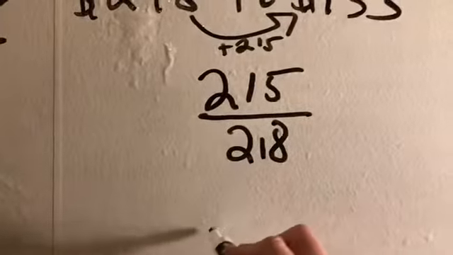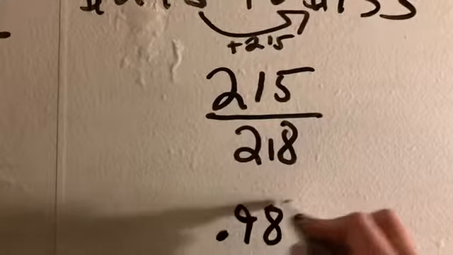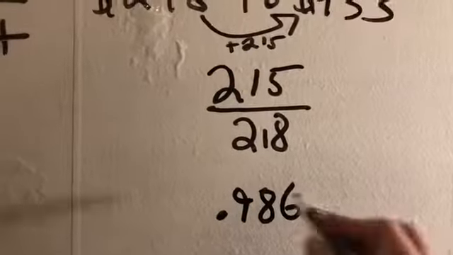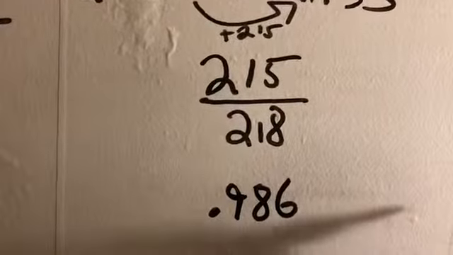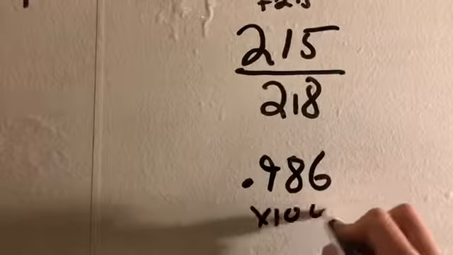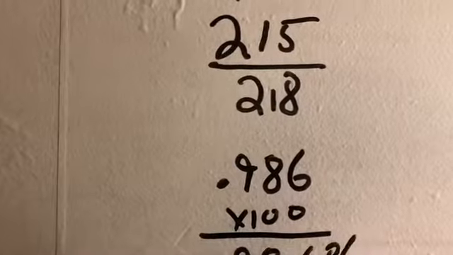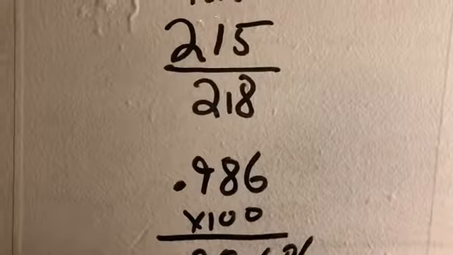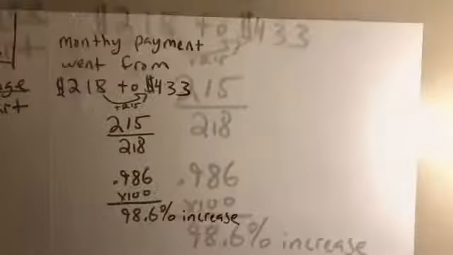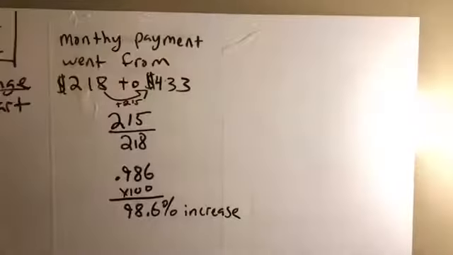That division is going to get me 0.986. Now we need to turn that into a percent, which is out of 100. So if I multiply that by 100, I end up getting a 98.6% increase. So let's make a good sentence. There are a couple different options here.